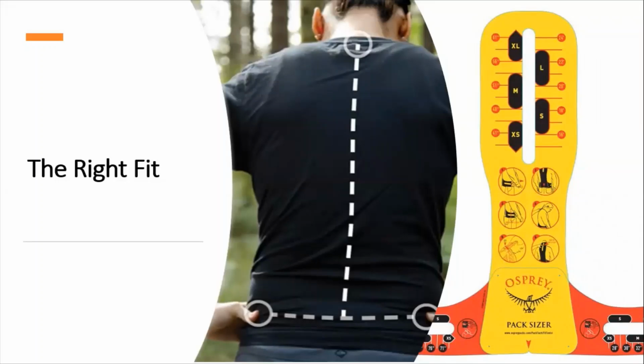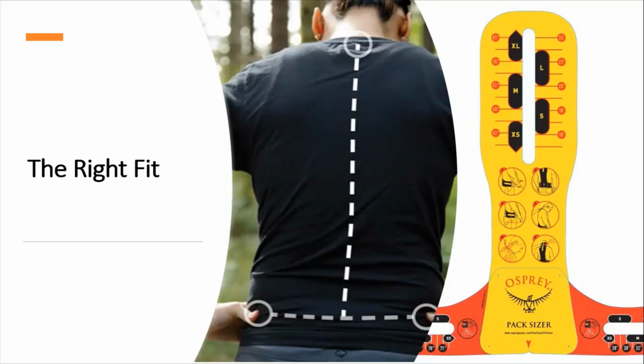Other size options can include interchangeable hip belt or harness, typically found on heavier carrying packs or those with a higher weight capacity. This also really helps with an individual that might not be exactly proportional, somebody that might have a small torso but would be in need of a large hip belt or a large harness to fit correctly.